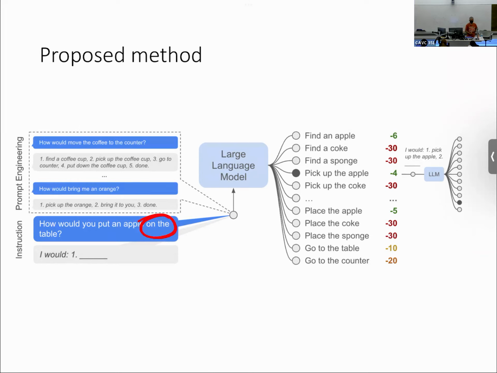That's the question. A large language model might give you a whole bunch of completions. In the real world, there are whole bunches of ways you can do something. Many of them may actually not be doable in the environment that the robot is operating in. Do you see what I'm saying?